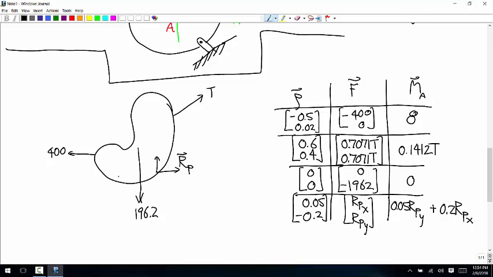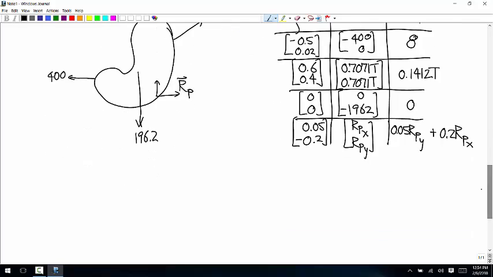Okay, we have 4 loads on the free body diagram. We have 4 loads in here, so we're done. Newton's second law: we just add up all these forces from the force column.